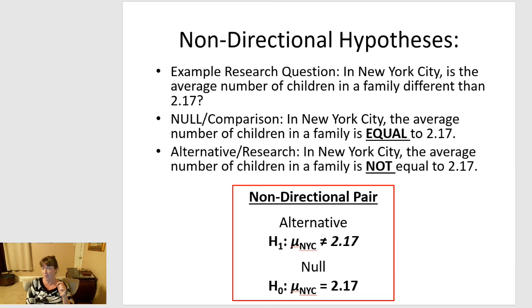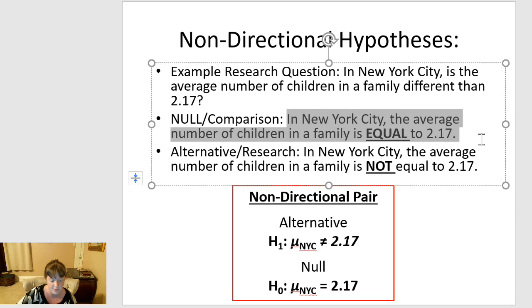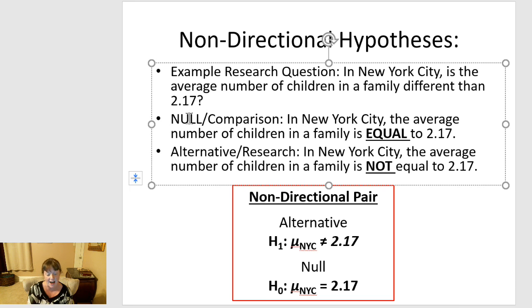And if I would be fascinated and interested to discover that people in New York City are having a whole lot more kids than average, and I would be equally interested in finding out that they are having far fewer kids than average, well, then I'm going to create my non-directional set of hypotheses, where the null or comparison hypothesis is that in New York City, they have the same number of children as the U.S. in general.